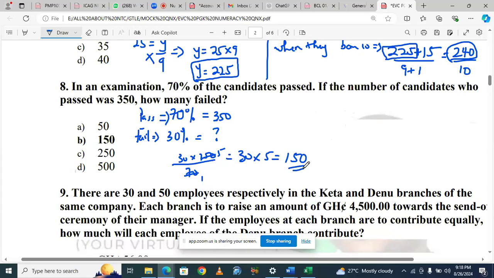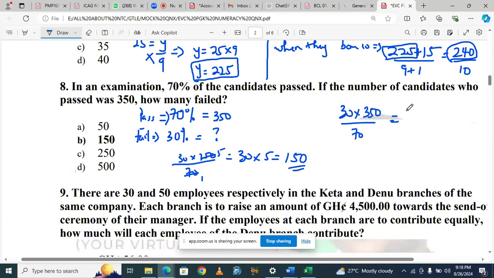Open the calculator and do 30 times 350. Someone should get me the answer.